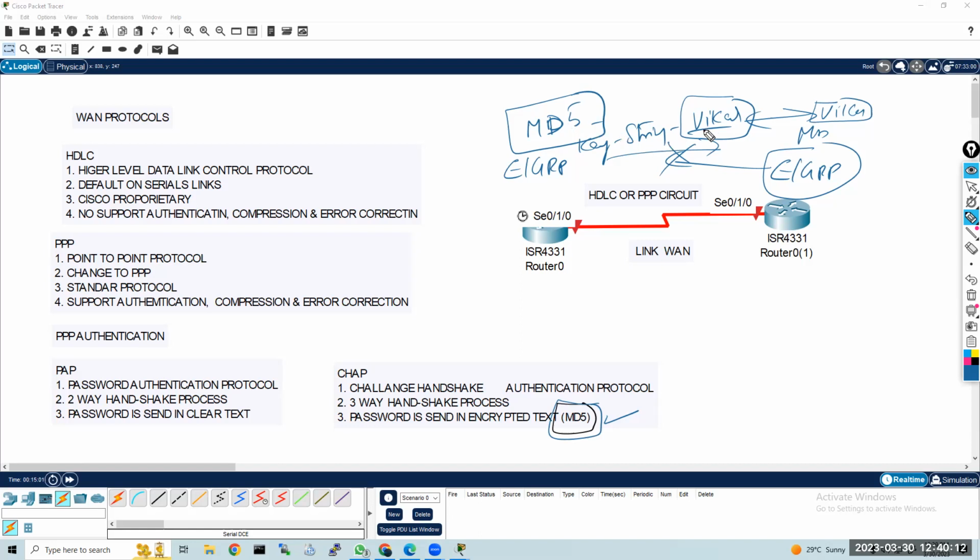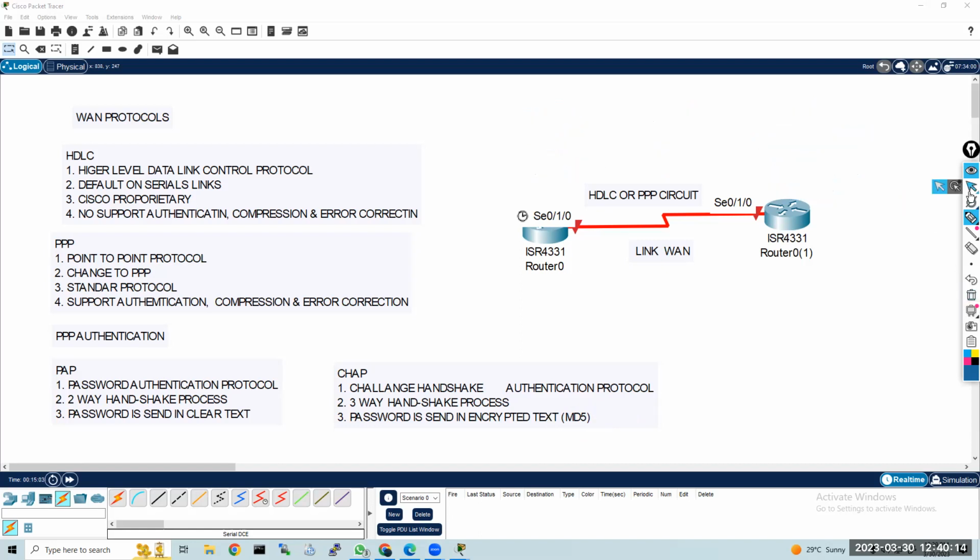MD5 means message digest. CHAP is widely used as Challenge Handshake Authentication Protocol. It works in three-way handshaking, like TCP/IP, for reliability, because it's very reliable. The password is sent in encrypted form, that is MD5 authentication.